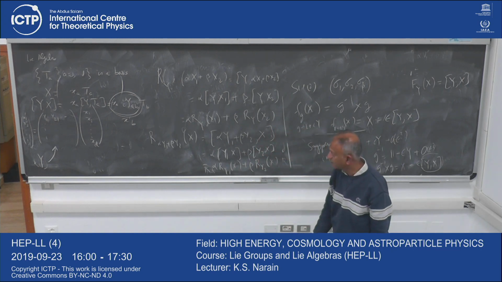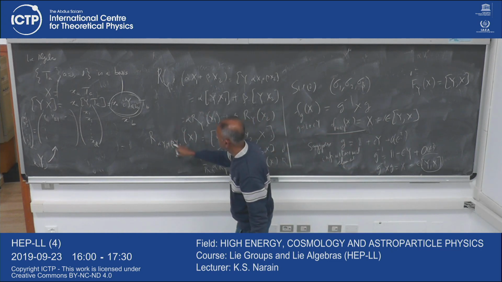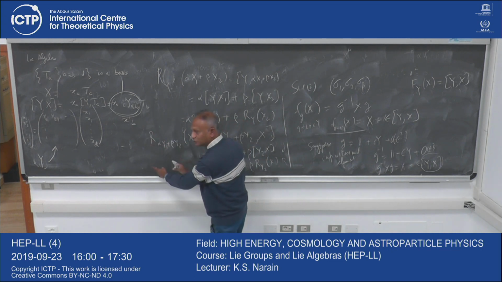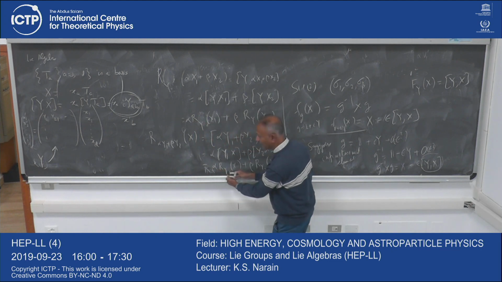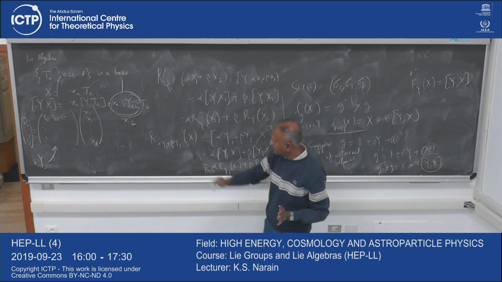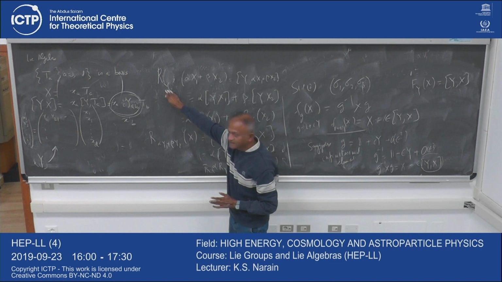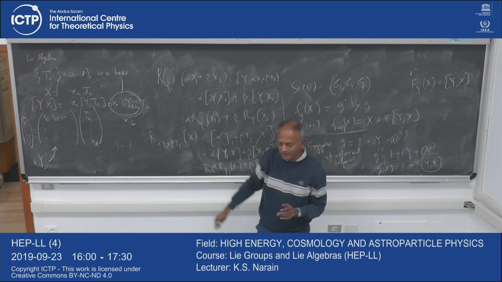So the linear structure is there also, right? I can add two different y's with some coefficients. The matrix that this is mapped to is the same as alpha times the matrix that y1 is mapped to, and beta times the matrix y2 is mapped to. So the map is linear, the map from the Lie algebra elements to the D by D matrices.